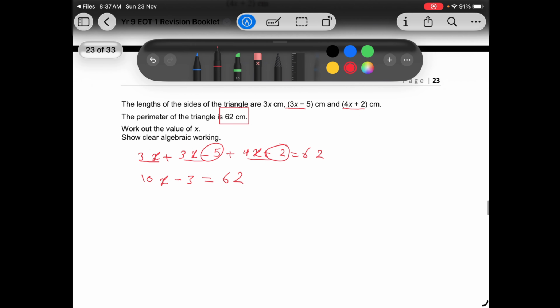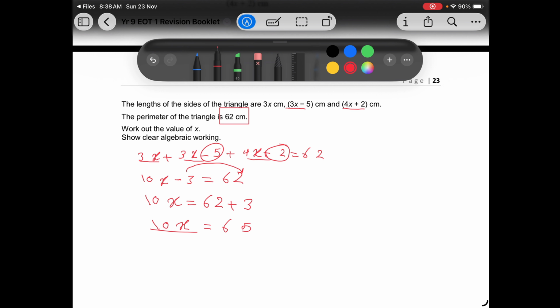Then what I can do is simply move this to the side, and it will be 10x equals 62 plus 3. It means that 10x equals 65.